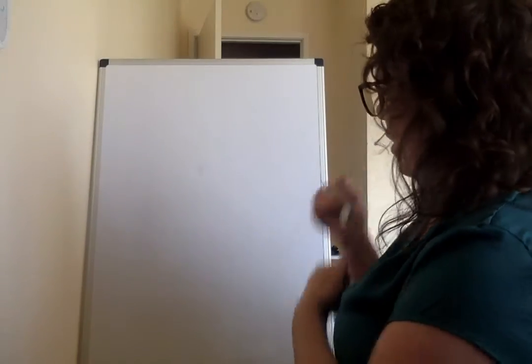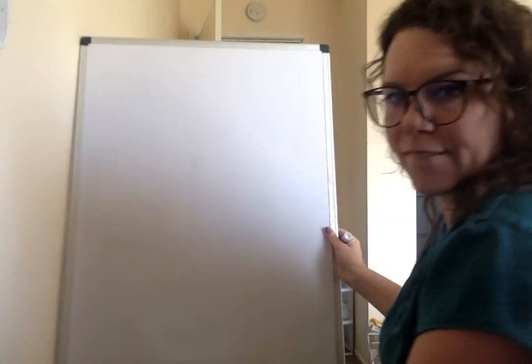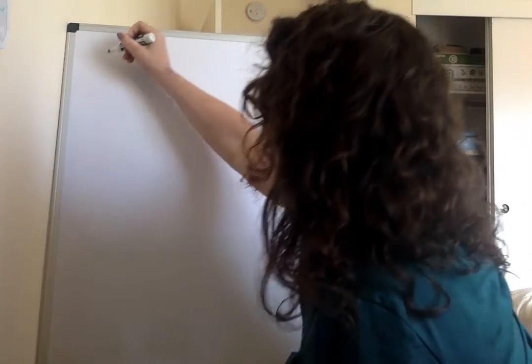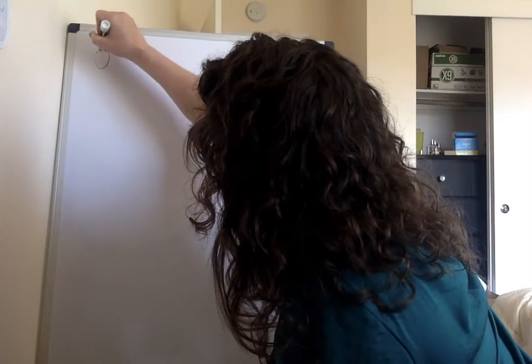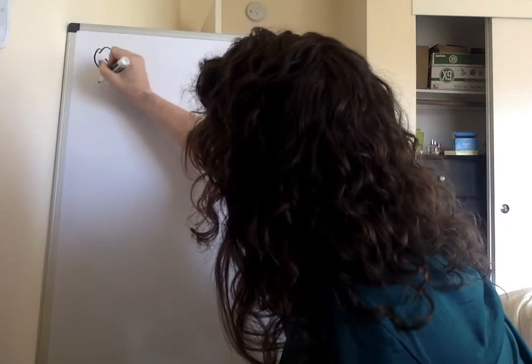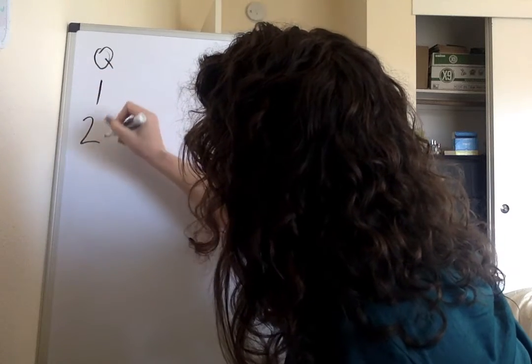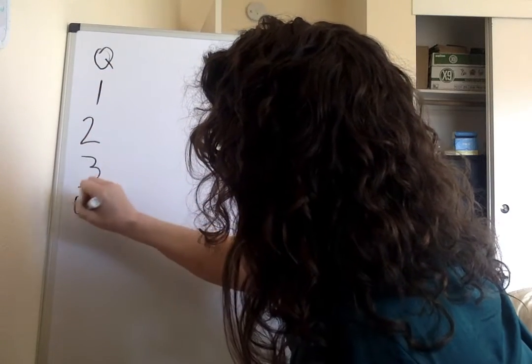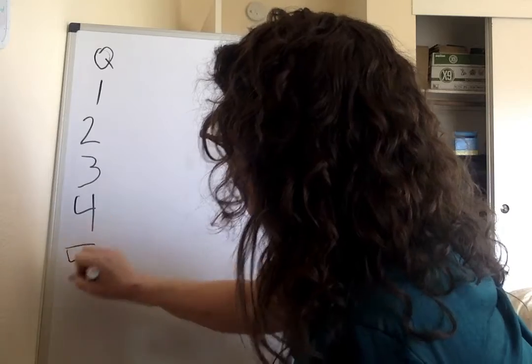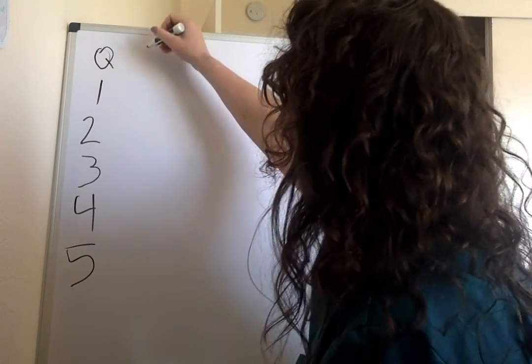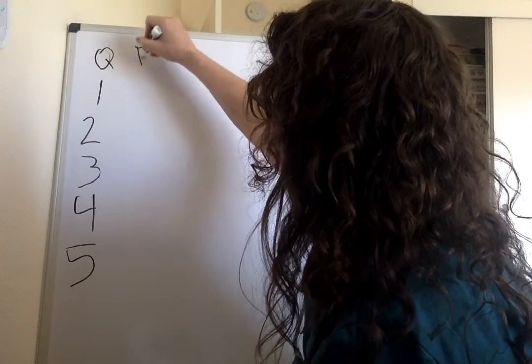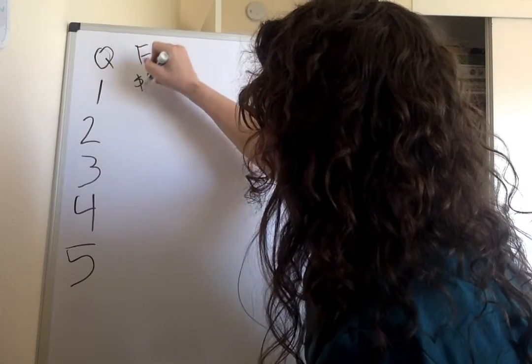So we start out with a quantity of 1, quantity of 2, quantity of 3, quantity of 4, and quantity of 5. And then we've got our fixed costs, which are $10.